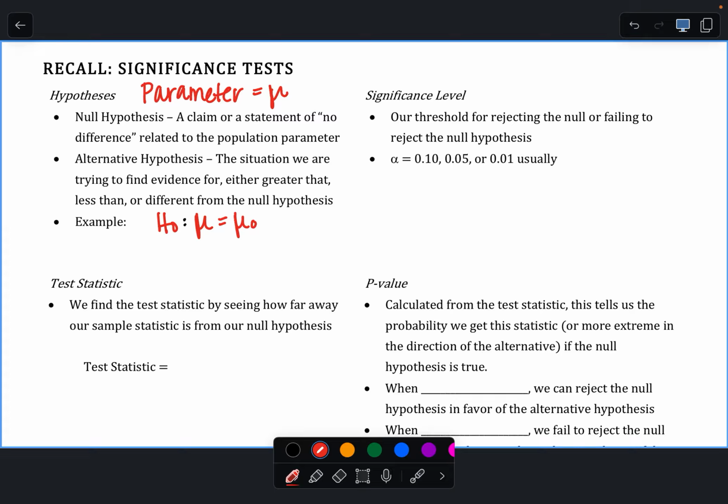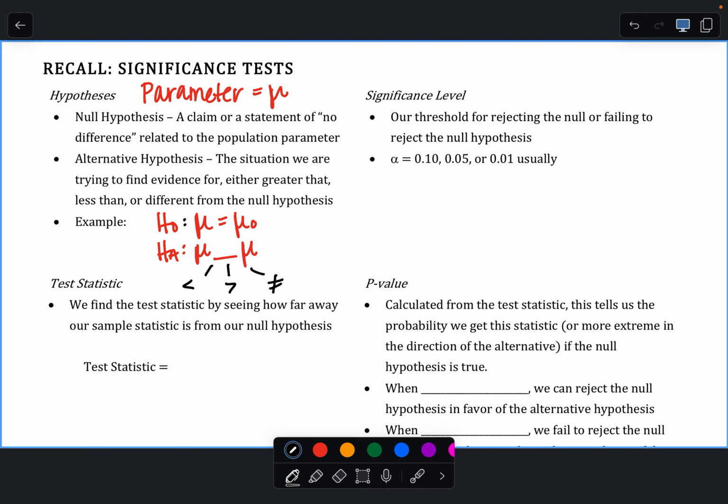It is always going to be equal to for the null hypothesis. For the alternative hypothesis, this typically comes from the question. Sometimes they think it's less than, sometimes they think it's greater than, sometimes they're just interested in, is it different at all? So that will come from what do they think is happening.